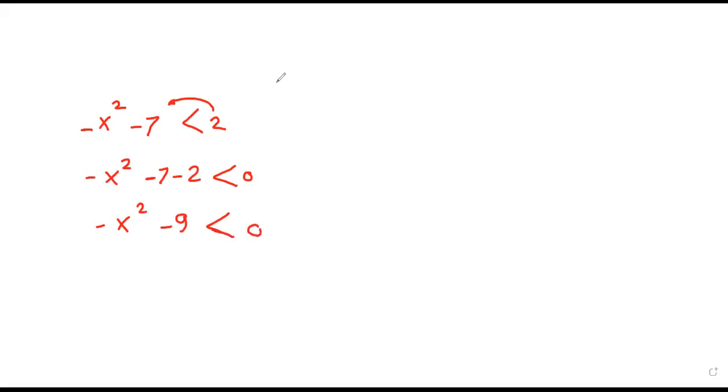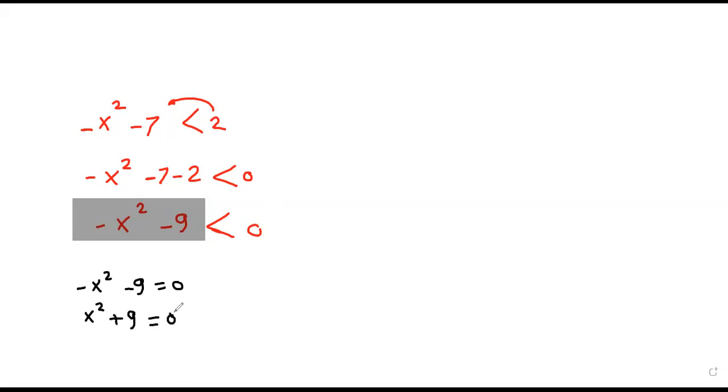And this is the original function I will substitute in. Then after that, solve this inequality as the equation. So put -x squared -9 equaling 0, and multiply by -1, it will be x squared plus 9 equaling 0.